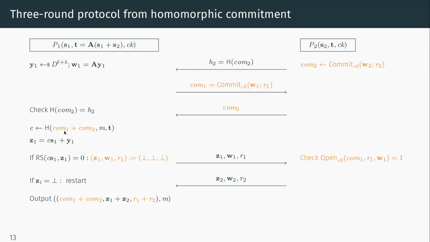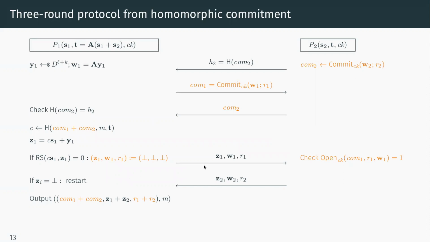Then, thanks to the additive homomorphism, you can add the commitments up like this. And then do the rejection sampling. If the rejection sampling was unsuccessful, then the party doesn't output anything. This is why you can hide the first message W, which is a rejected transcript.